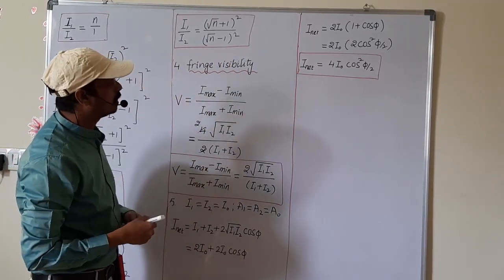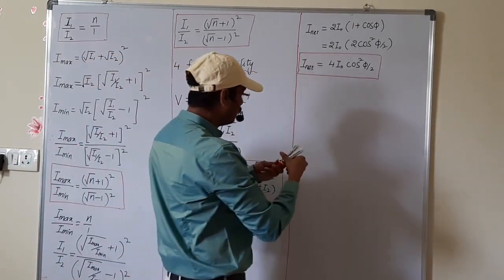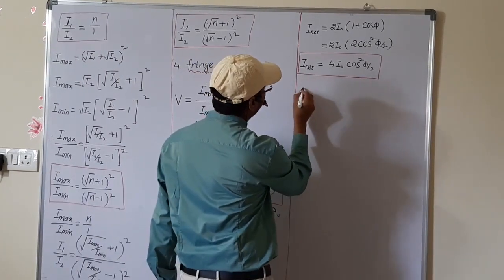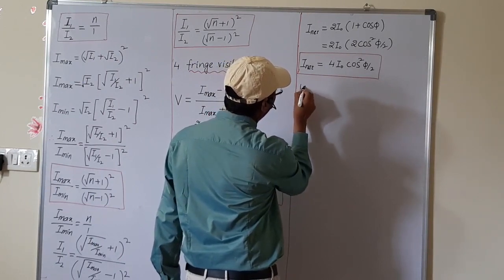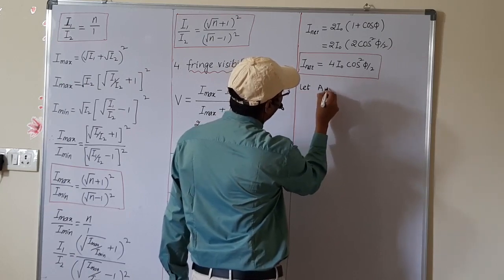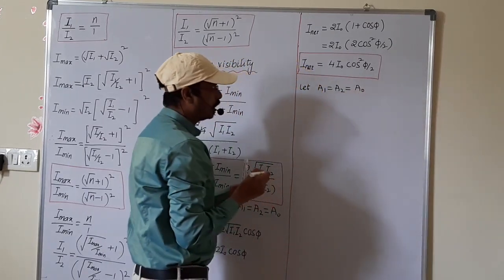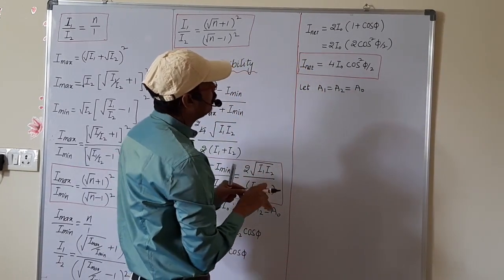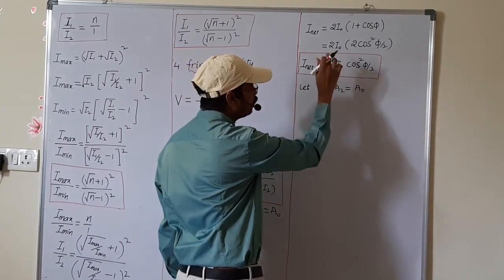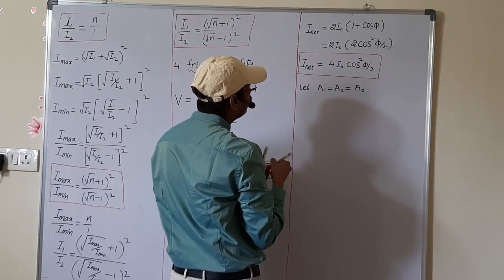If you take it in terms of amplitude, let A1 is equal to A2 equal to A0. At that time, I maximum and I minimum, everything we can discuss. Here we can find the maximum and minimum values.